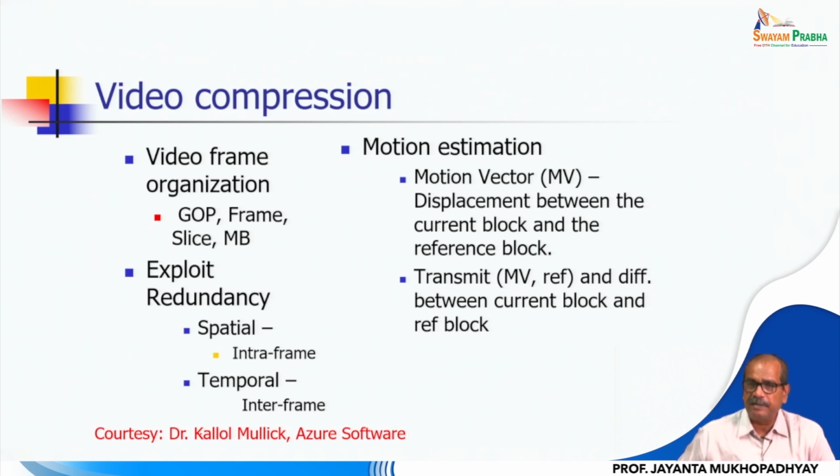To minimize the loss, we transfer the motion vector, the reference frame, and the difference between the current block and the reference block. So these are the three things. Sometimes the reference frame by default may be the previous frame, so we may not transmit it, or we can transmit it in encoded form. But as I mentioned, this reference could also be a group of frames.